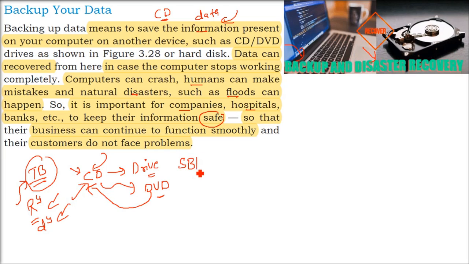For example, if you are running a business, say SBI Bank, and there is a Mumbai data center, and all the data is kept here. Now there is some flash rain or whatever. Then what will happen to the customer if the data center is affected? What about the people?